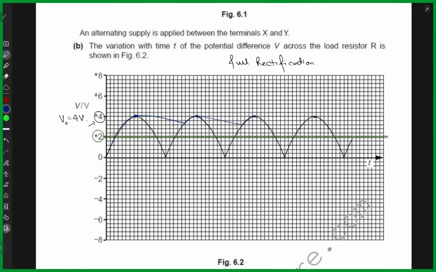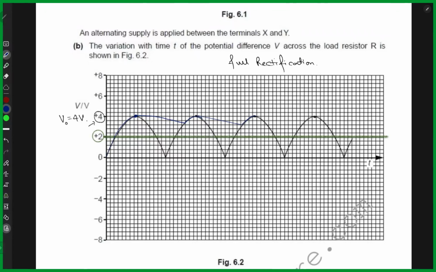So what's happening over here is instead of voltage being completely dropped to zero, if I take the average of this smoothed graph, the voltage would be higher compared to the average voltage of the original graph, because the original graph is always going to zero, then rising, then dropping to zero again, while the smoothed graph does not drop to zero, only drops by a little amount, and so it only has to go a little bit up to recover that, and then again it drops by a very small amount.